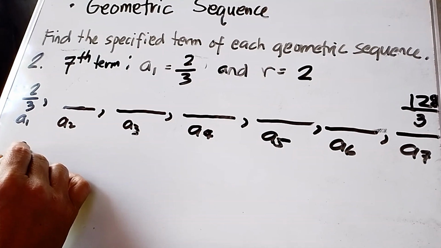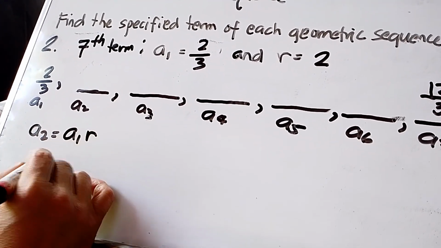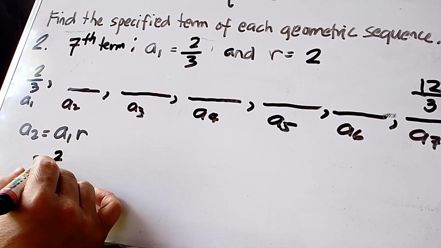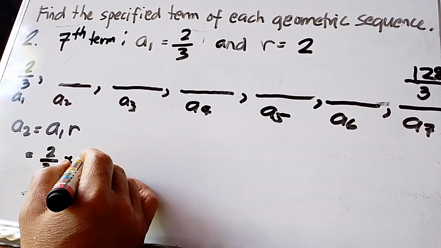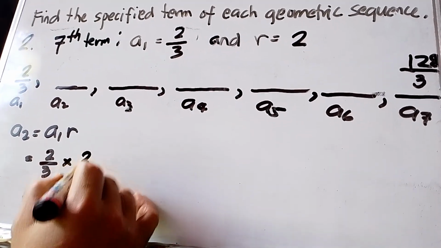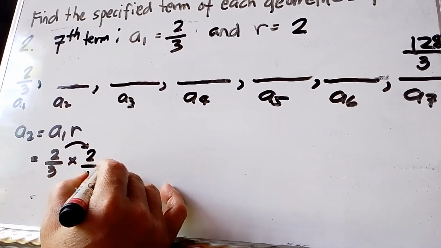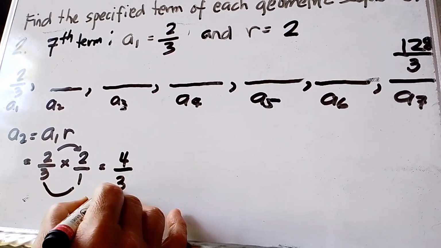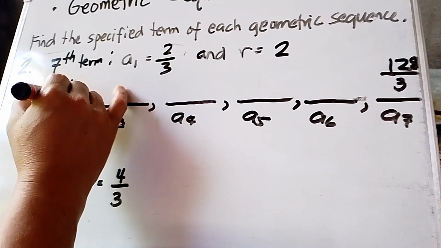So to solve, A2 is equal to A1 times R. So A1 is 2 over 3 times R. R is 2, so over 1. So this will be 2 times 2 is 4. And then 3 times 1 is 3. So my A sub 2 is 4 over 3.